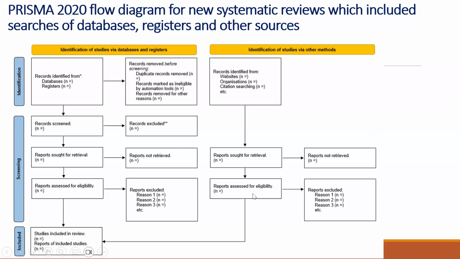Then next is reports assessed for eligibility, how many you are going to check finally for proper eligibility, and how many you are going to exclude. Here this arrow mark mainly focuses you on studies included in the review, and on this right side is reports assessed for eligibility, and here you can mention separately how many reports you included in your systematic review.